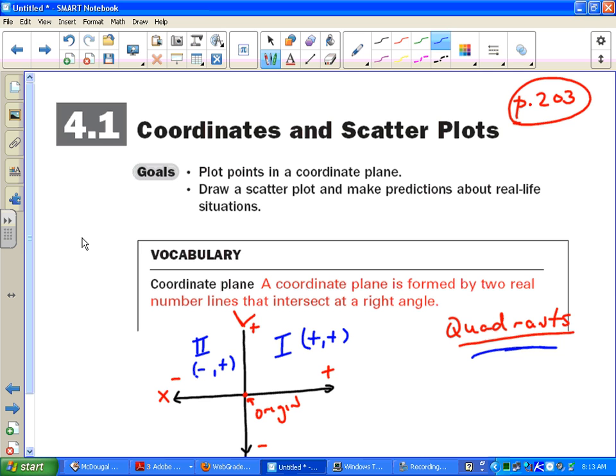Then from there it goes down to quadrant number 3, where both of your values, your x and your y, are negative. And then finally you finish up in quadrant IV, again Roman numerals, where your x value is positive and your y value is negative. So those are quadrants in your coordinate plane.